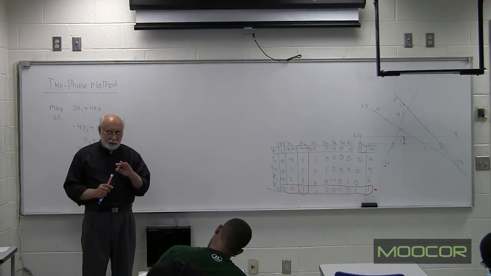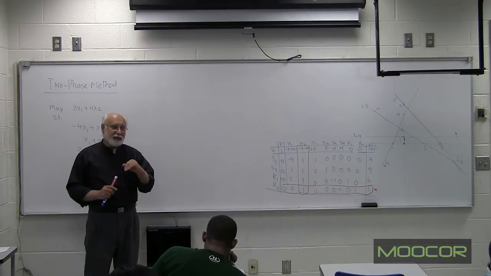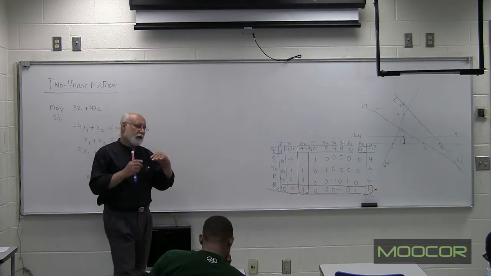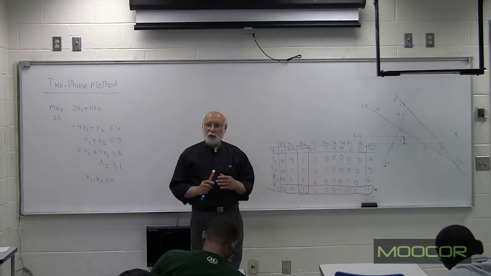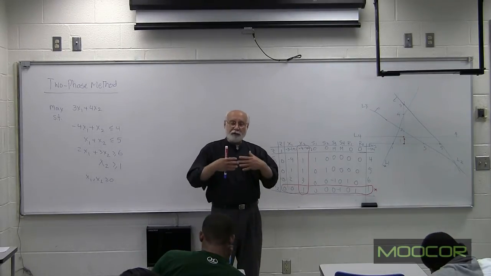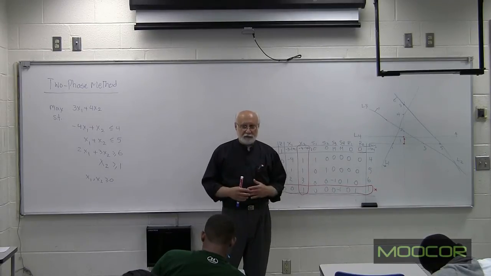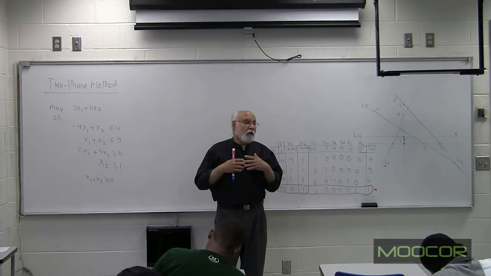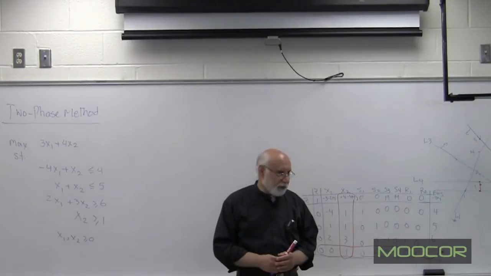As such, we are going to change temporarily our objective function. We will create a new objective function. This new objective function is summation of all the artificial variables that we have.